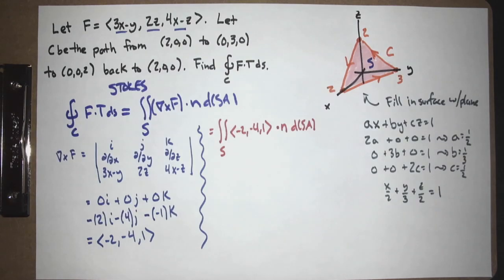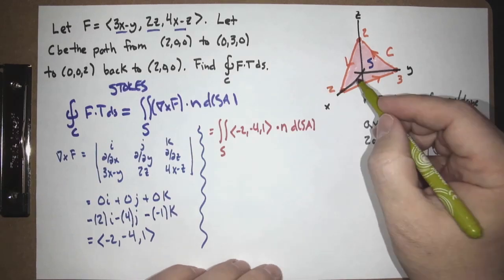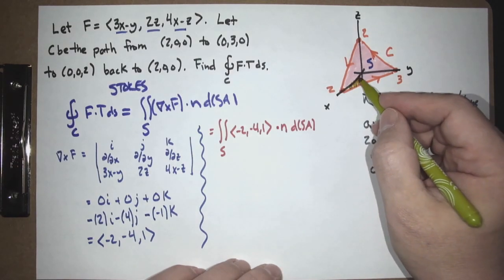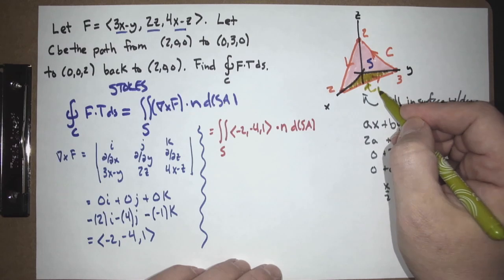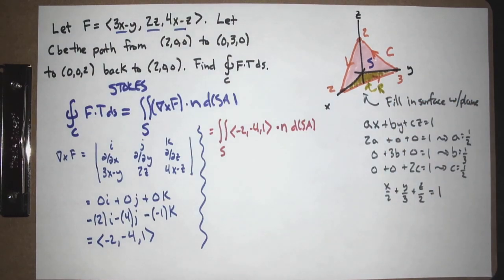How do we compute surface integrals? We push down into the xy plane. So there's this region in the xy plane that we want to compute. So let's see, where can I write this down?